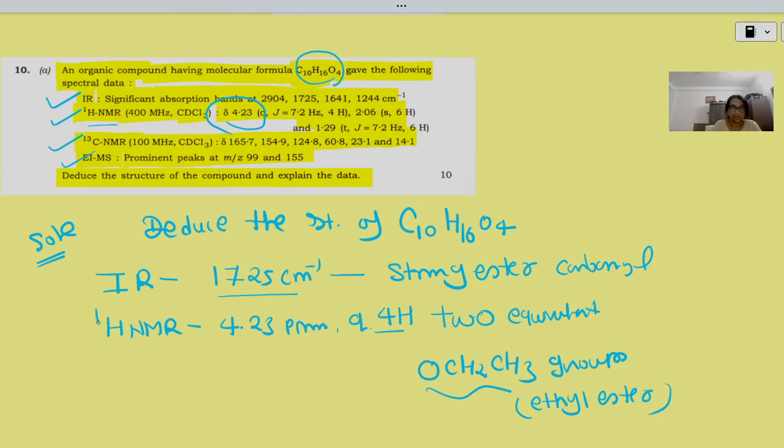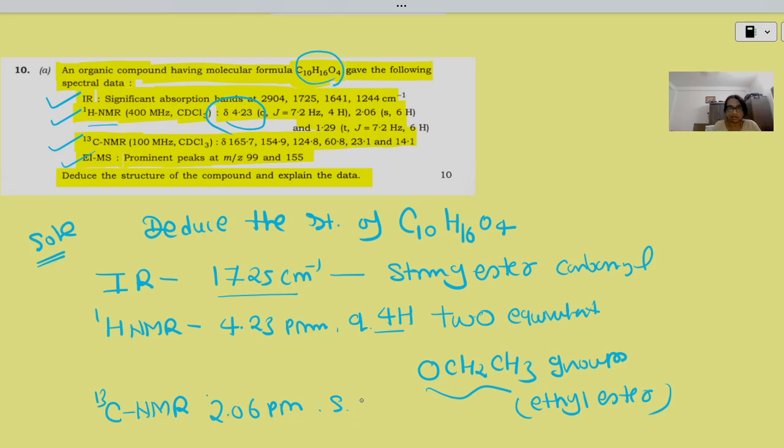Next is carbon-13. Carbon-13 is an isotope of carbon, and carbon-13 NMR gives a peak at 2.06 ppm, with a 6 Hz value, also given in our question.